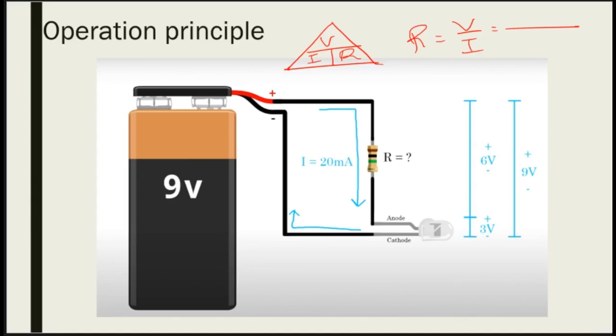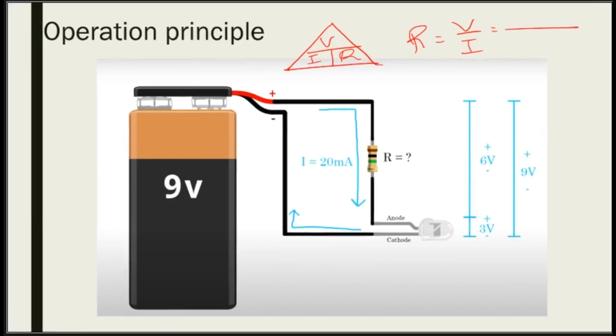All right, so it's 6 divided by, come on. What's a milli? What's the power of 10 for the milli from the scale sheet I gave you? 10 to the negative 3. So you say 20 times 10 to the negative 3. All right? Now you can plug in the equation like this, or you can play with the 20 times 10 to the negative 3.